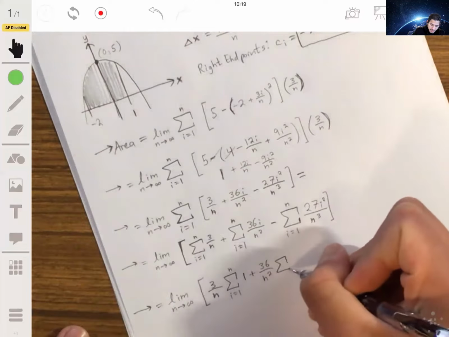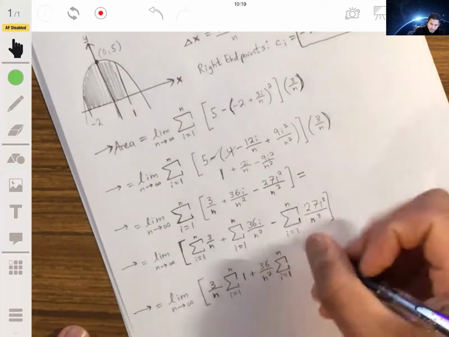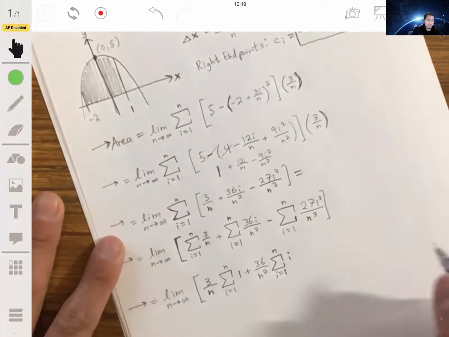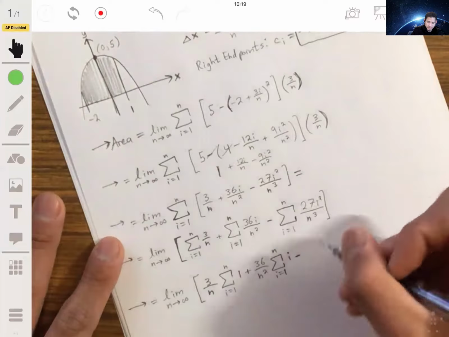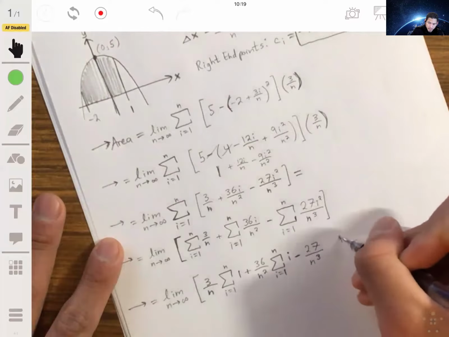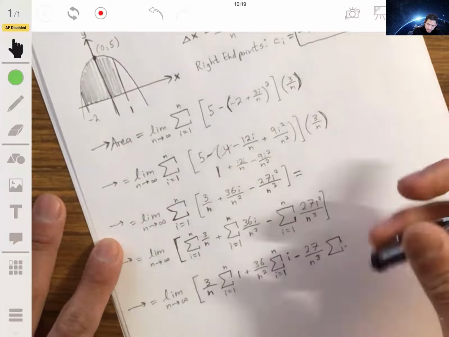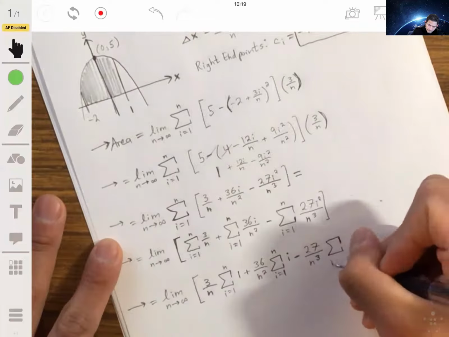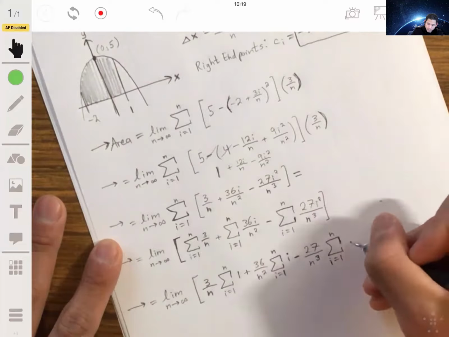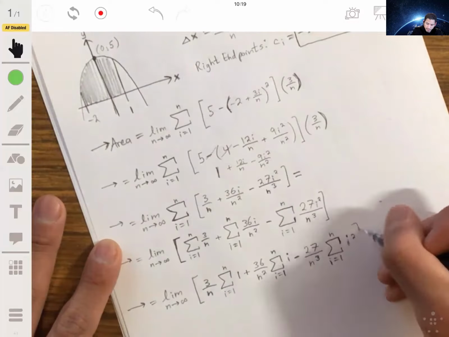Well, we're going to factor that out or take that out, and we're going to have an i left in here. Then we're going to subtract 27 over n cubed. That one looks a little funky. And we'll have an i squared in there left over.